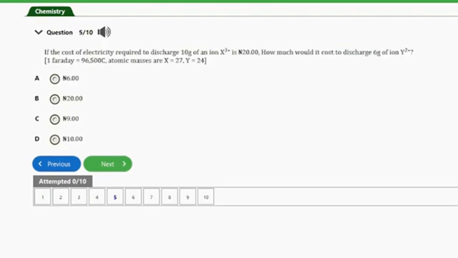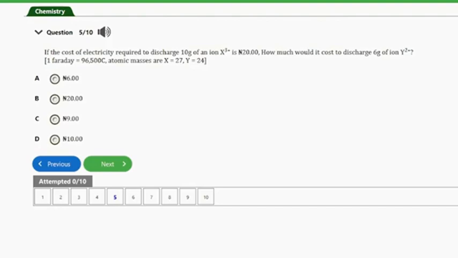The next question we have here is question number 5. So the question says, if the cost of electricity required to discharge 10 grams of an ion, this is a trivalent ion, guys, and we said if the electricity required to discharge 10 grams of this ion is 20 naira, how much would it cost to discharge 6 grams of ion Y with a 2 valence?